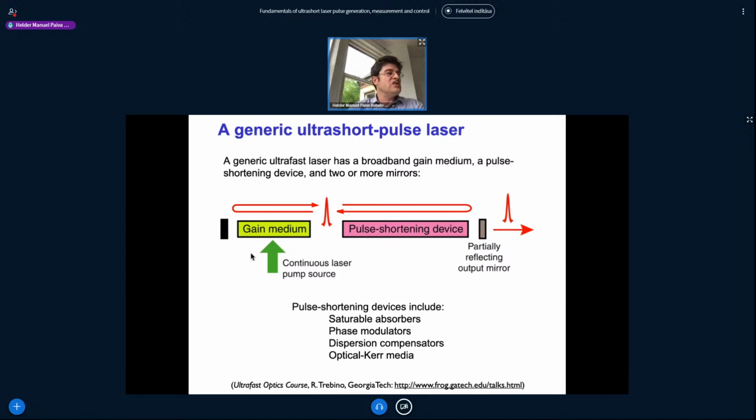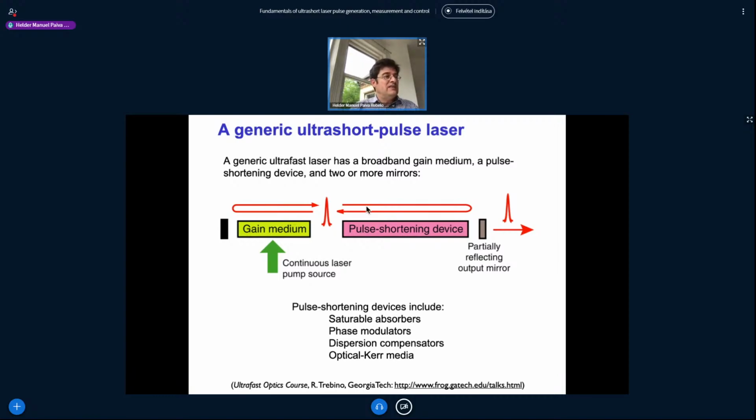And then we are essentially giving the energy to this material that is capable of amplifying light over a very broad bandwidth. And we want this because we want short pulses. So we don't want narrow spectra, we want broad spectra. But at the same time, any medium, any material medium has dispersion.